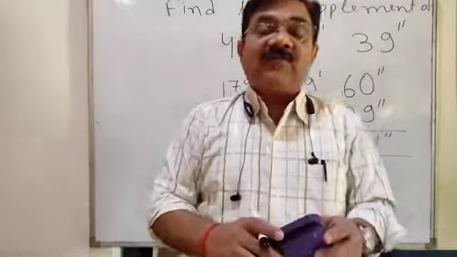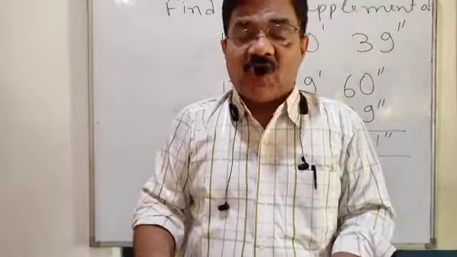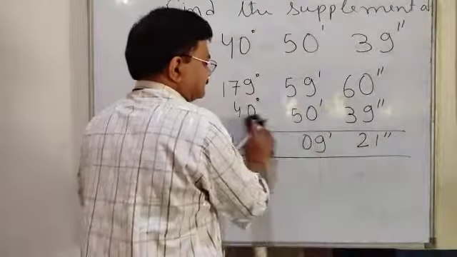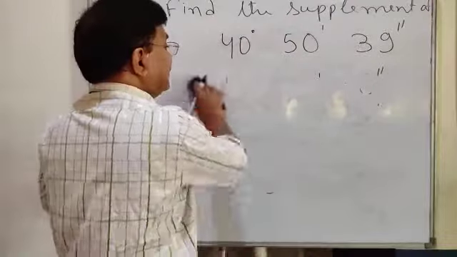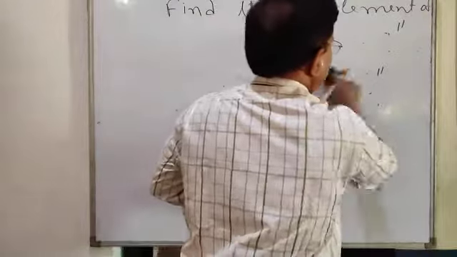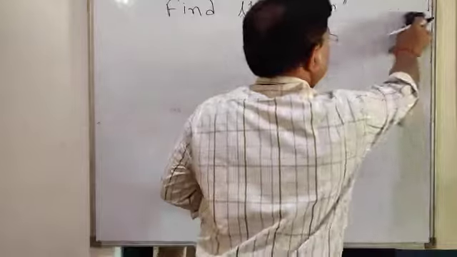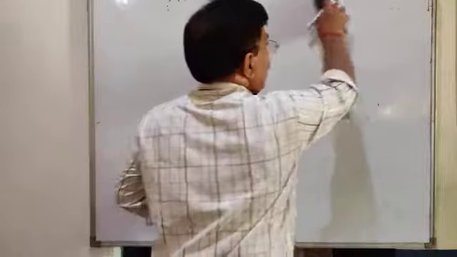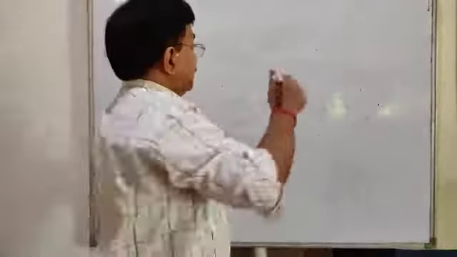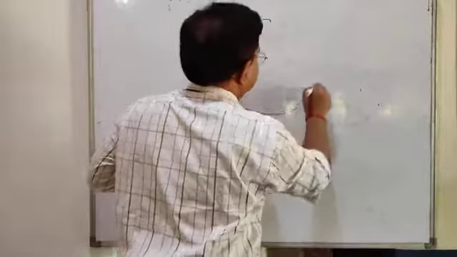Now, questions related to the clock. In a clock, one complete round made by the minute hand is 60 minutes. Here is the clock.